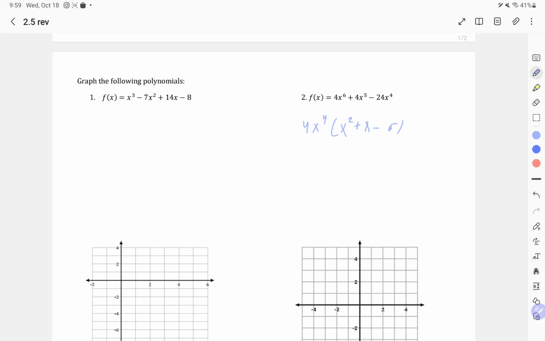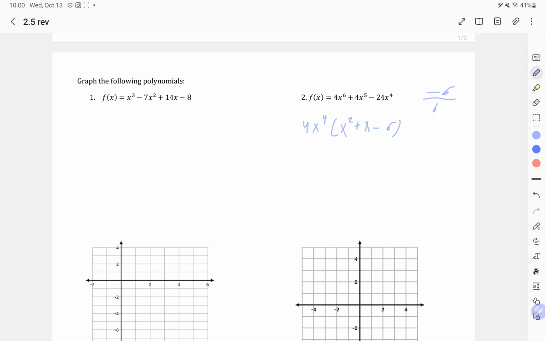This doesn't look right. This is a bit weird. All right, let's try it. Okay, negative 6 over.